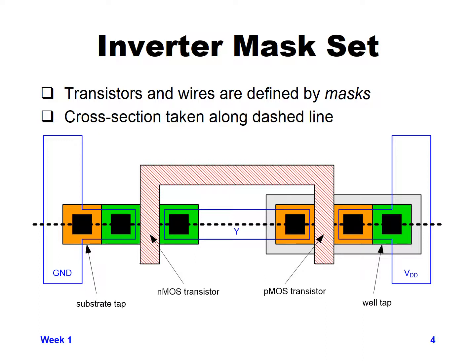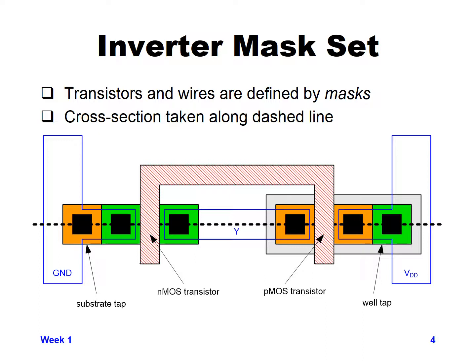We'll also need connections between the metal and the diffusion regions, which are the PMOS and NMOS, P plus and N plus diffusion regions, which are either the substrate taps or the connections to the source and drain of the transistors. Those are basically the big black squares that you see.